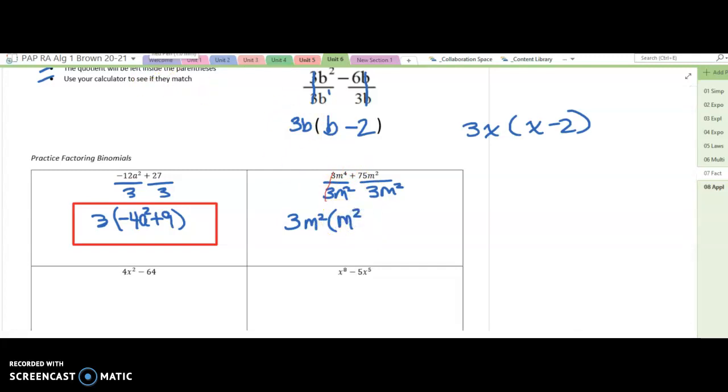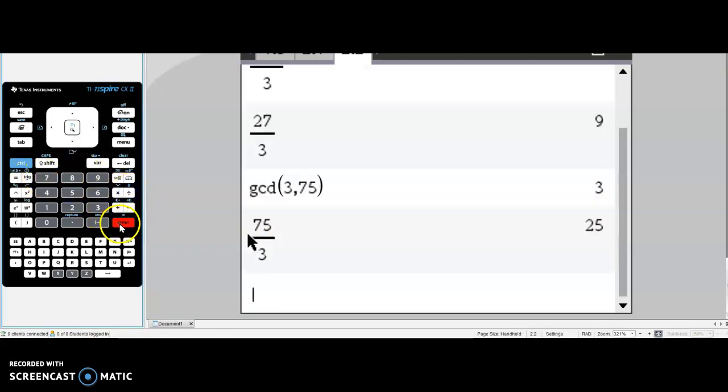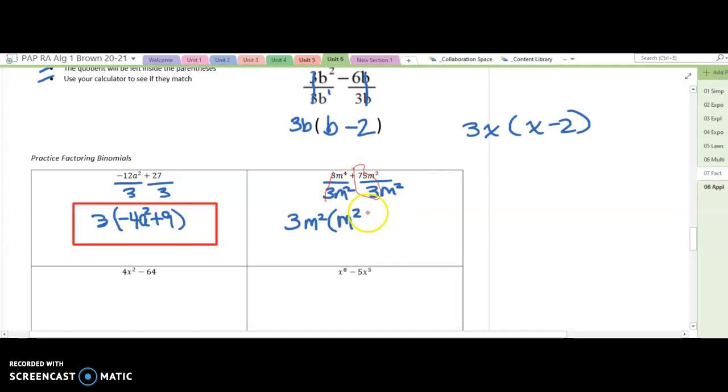And then 75 divided by 3 is 25. So that's a plus 25. And then, again, our m squared, anything divided by itself is a 1, okay? So I think we're good there. So 3m squared times m squared plus 25.